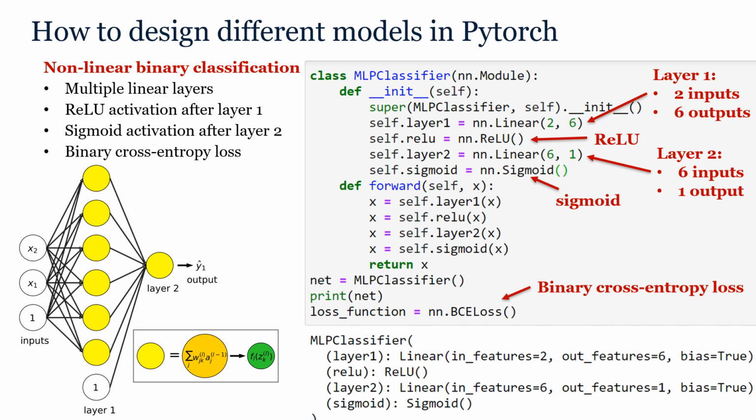We can create nonlinear models by stacking multiple layers one after another and placing nonlinear activation functions between them. In this case, we have 2 layers. The first layer has 2 inputs and 6 outputs and is followed by ReLU activation. The second layer has 6 inputs to match 6 outputs of the first layer and only 1 output, which is passed through the sigmoid activation to create a binary classifier.